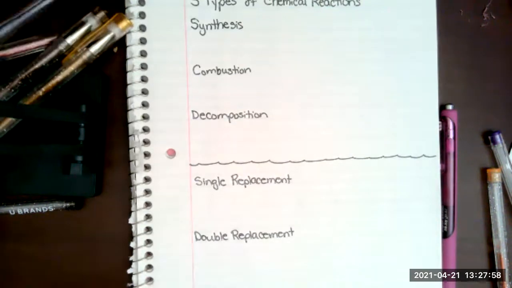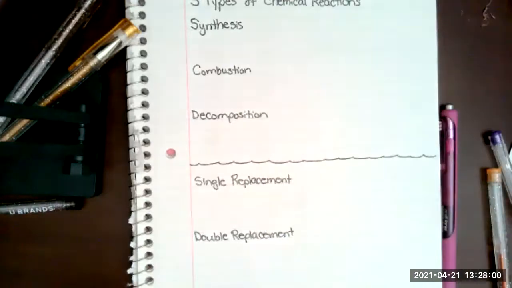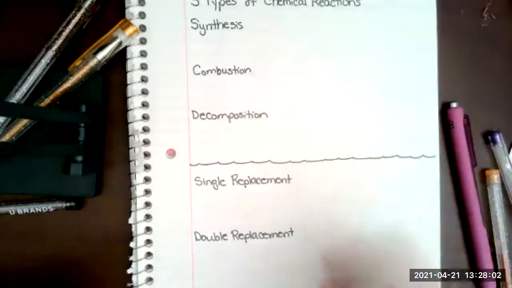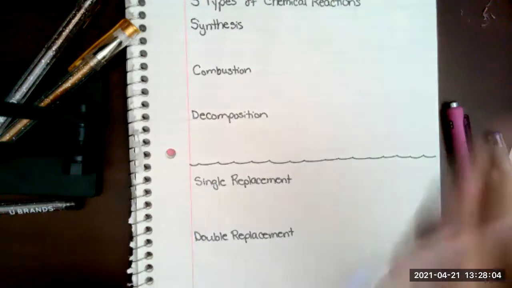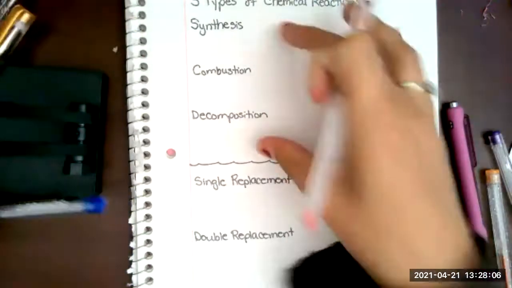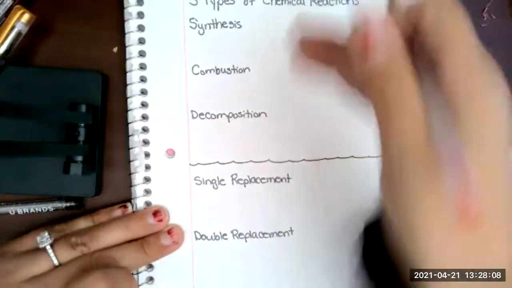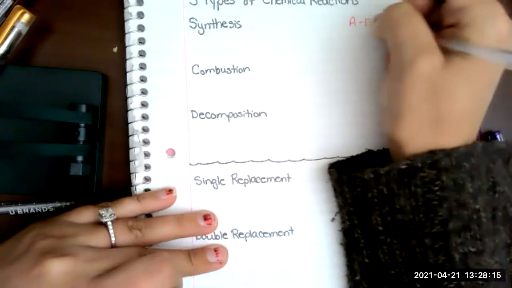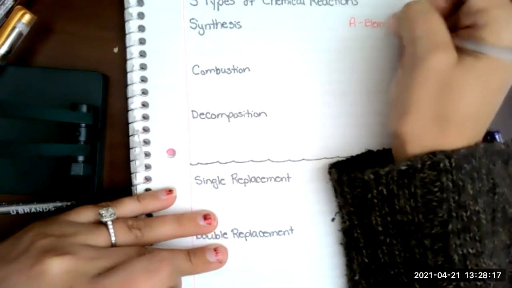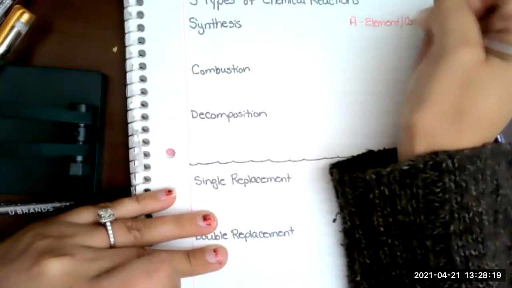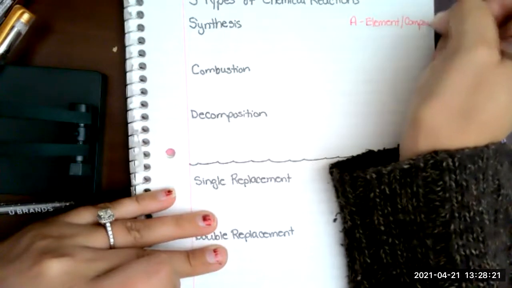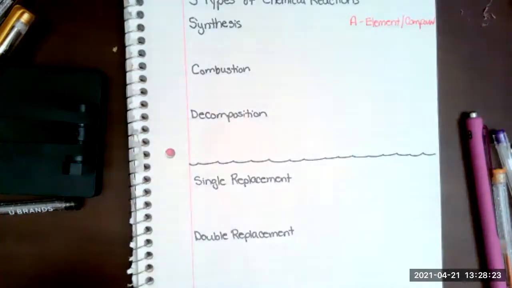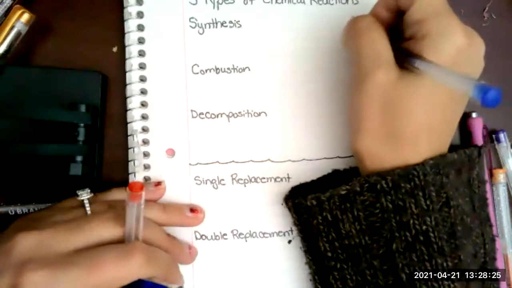But first, we have to write our key, and our keys change because we're looking at different things. So for the 5 types of chemical reactions, the first 3 we're going to talk about are synthesis, combustion, decomposition. And for these formulas, A is going to be an element or compound, and B is going to be an element or compound.